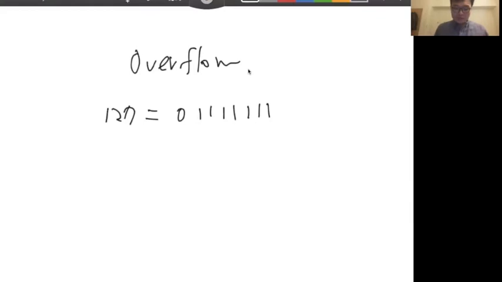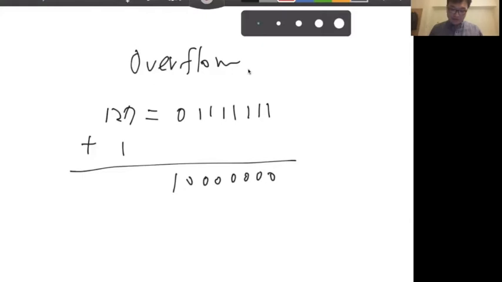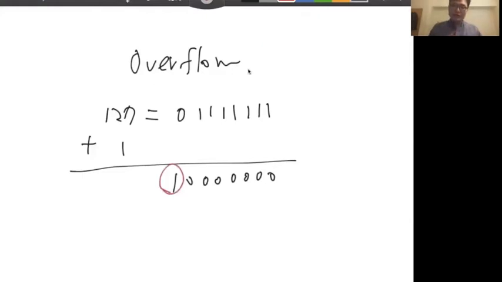And you try to plus 1 here. What happened? It will give you 1, 0, 0, 0, 0, 0, 0, 0. What does this number mean? It's actually a negative number, right? So you do 127 plus 1, but you got a negative number. This is insane. This is not reasonable. So in this case, we call this overflow.